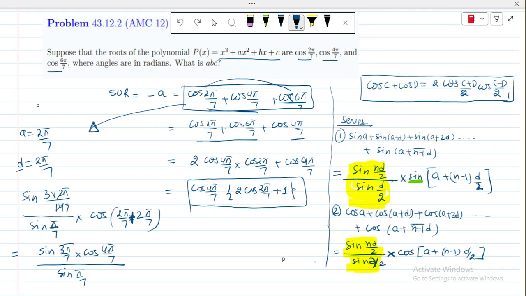So now what you'll be doing? Now you'll be solving this thing, multiplying 2 and 2. Again you can apply the formula 2 sine cos. What formula can you apply here?